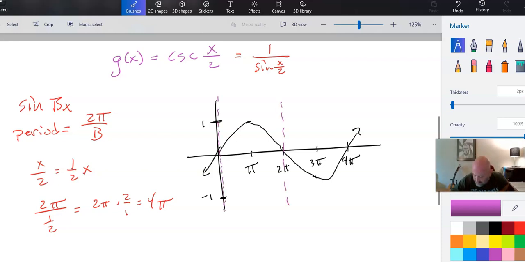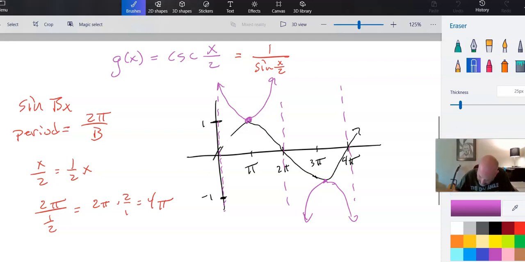Here's my zeros. And then I just need to mark my peaks and troughs. This is a horrible drawing, but we get the idea, hopefully. Right? So your actual graph looks like this.